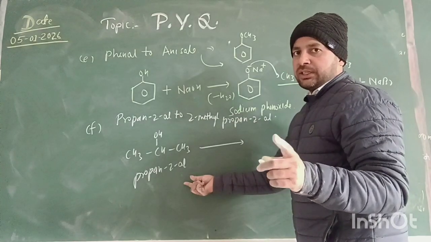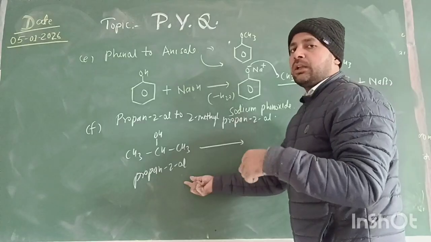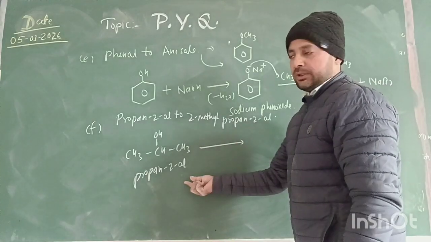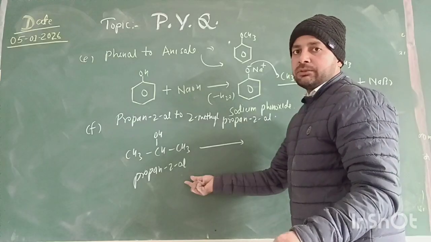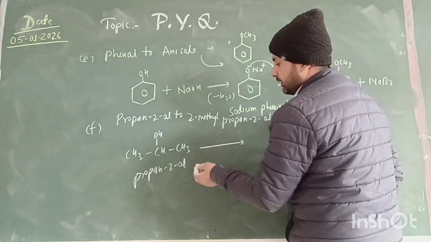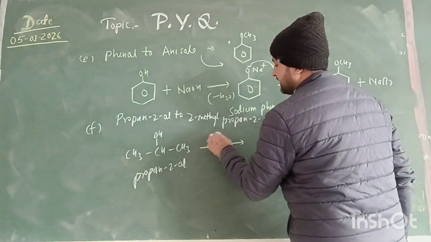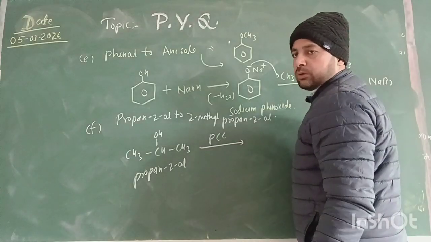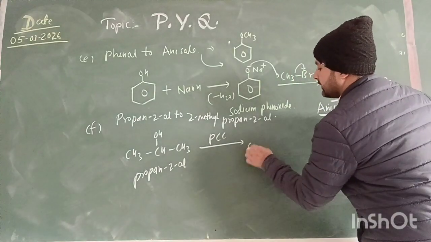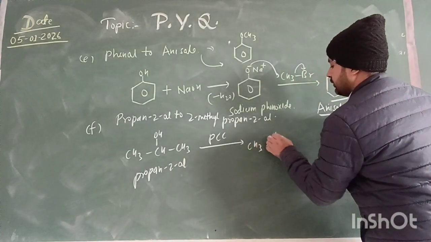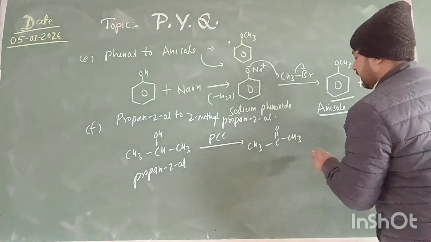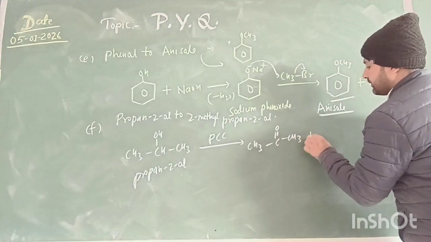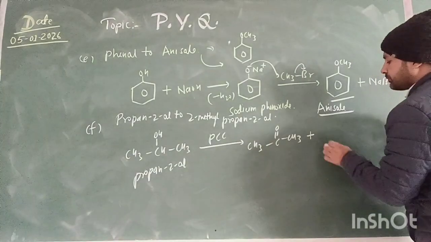If it is a 1 degree alcohol, it will get oxidized into an aldehyde, and if it is a 2 degree alcohol, it will get converted into a ketone. So with a weak oxidizing agent like PCC, pyridinium chlorochromate, it will give out what? CH3, CO and CH3. Okay, this is a ketone compound.